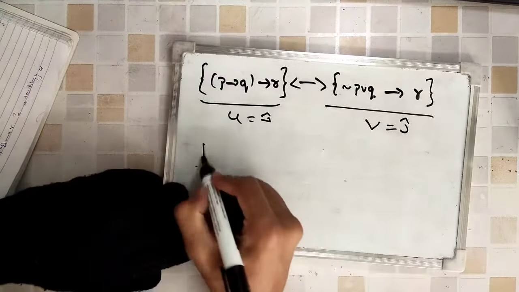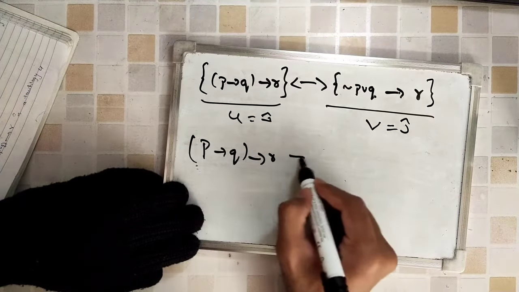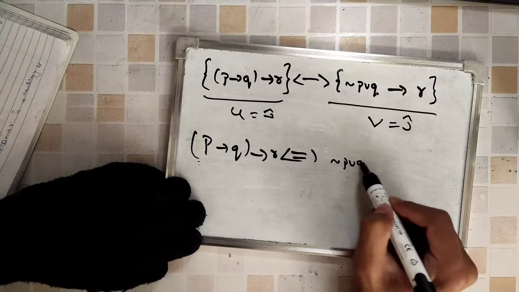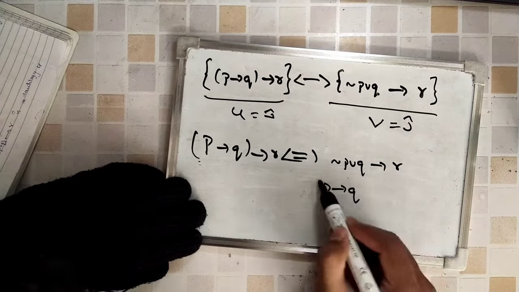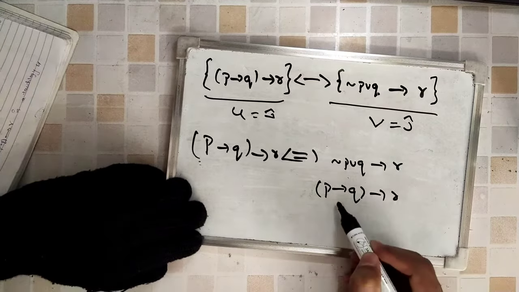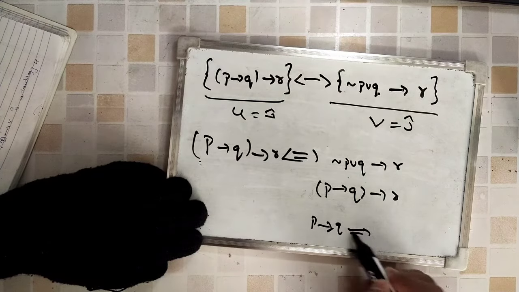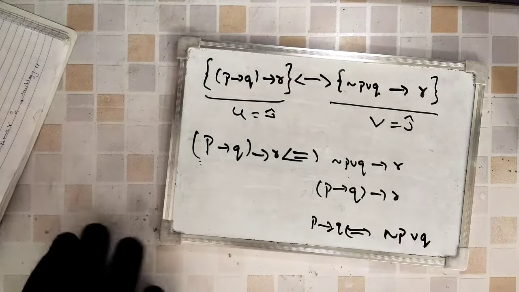So I will write again here: P implies Q implies R is logically equivalent to negation P or Q implies R. This thing I can write as P implies Q implies R. How did this become P implies Q? Because P implies Q is logically equivalent to negation P or Q, from the remarks we know that.